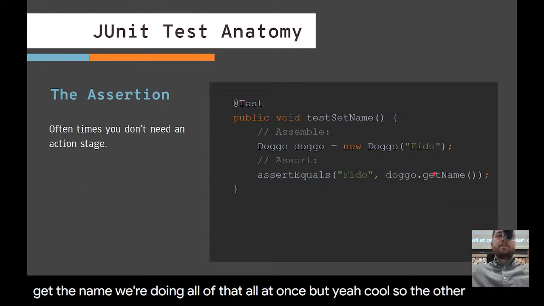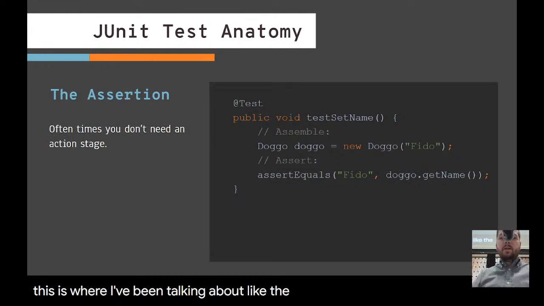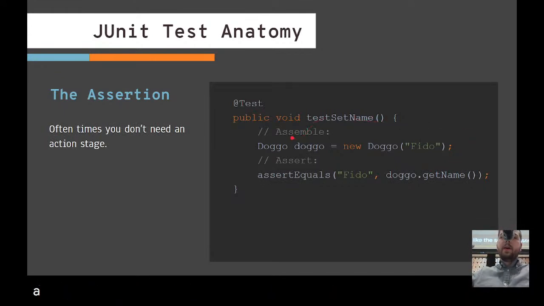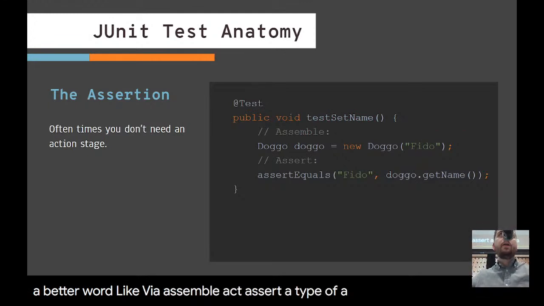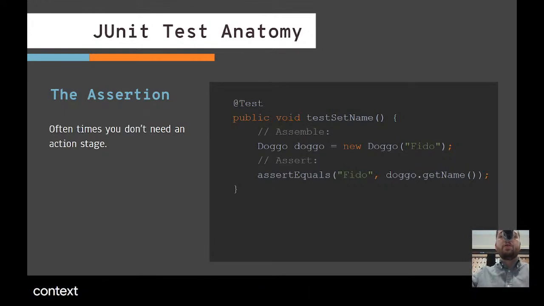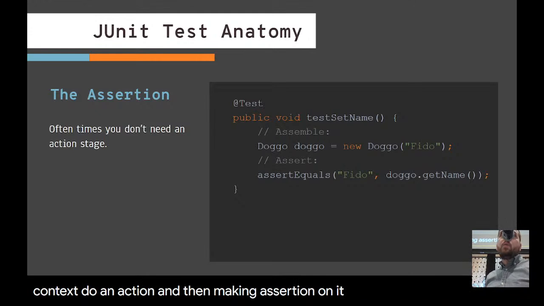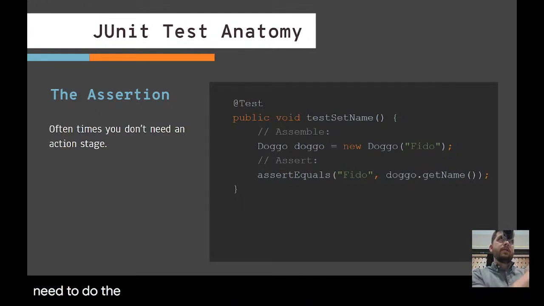So the other side of this is where I've been talking about the saying arrange, maybe assemble is a better word, like the assemble, act, assert type of framework: set up the context, do an action, and then make an assertion on it. A lot of times we don't need to do the act step.